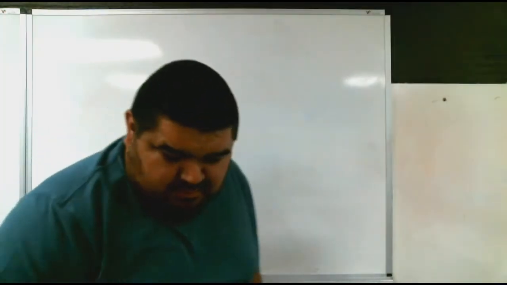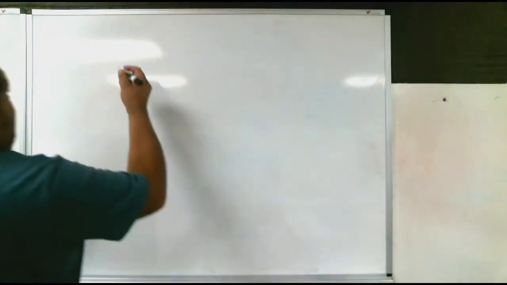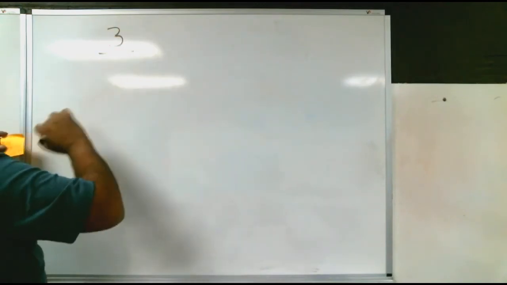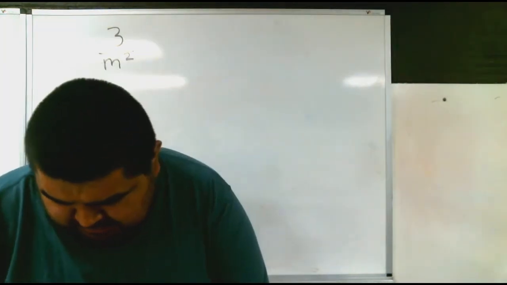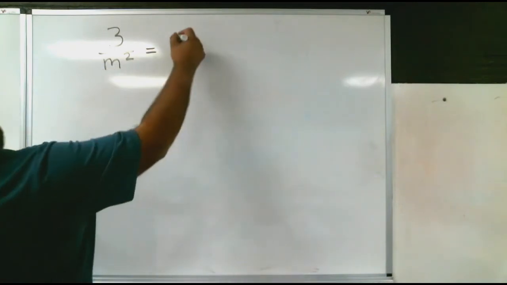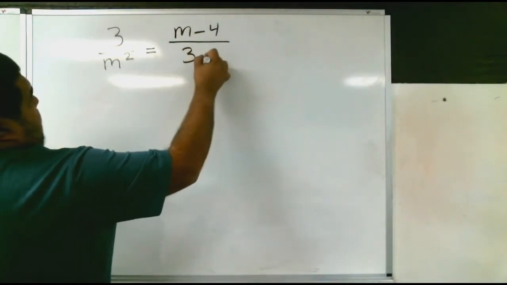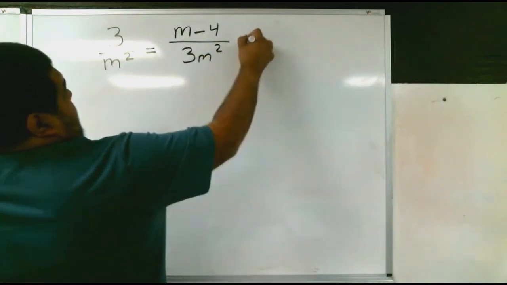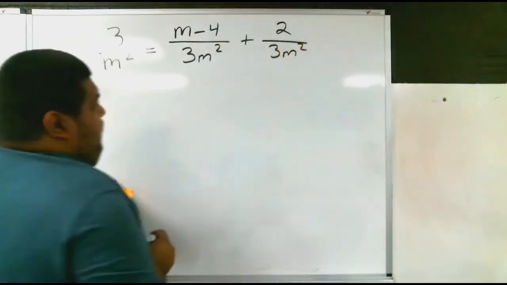All right, the one I'm going to give to you guys is 3 over m squared equals m minus 4 over 3m squared plus 2 over 3m squared.